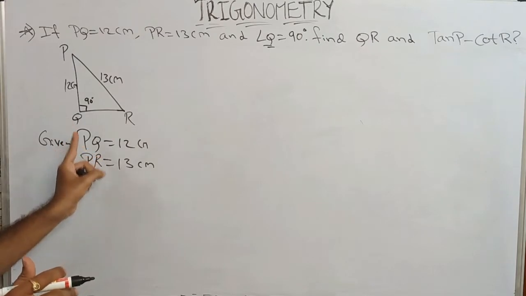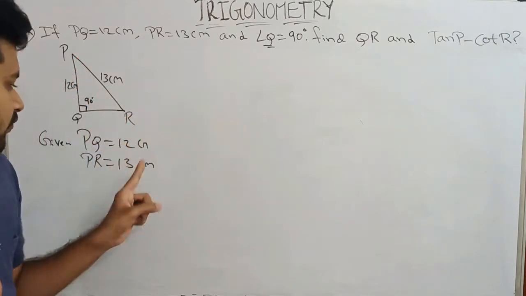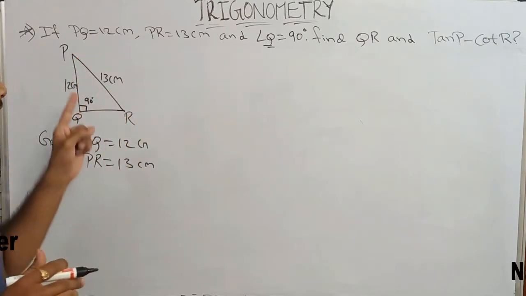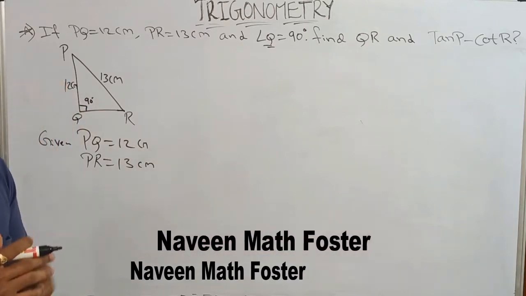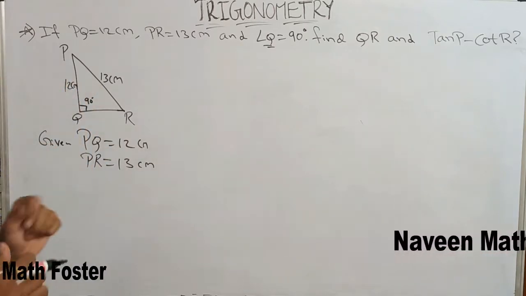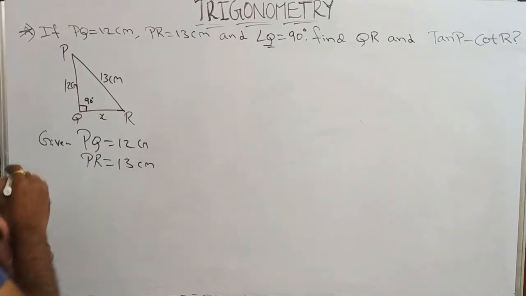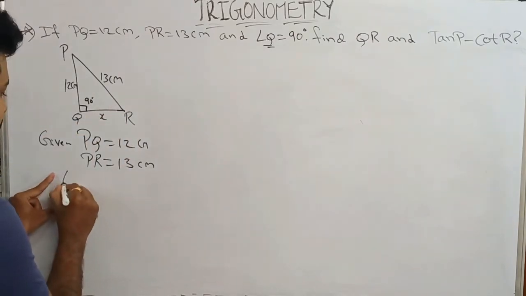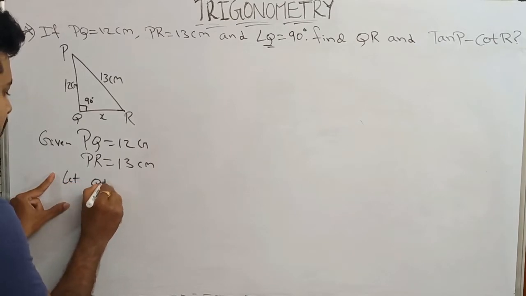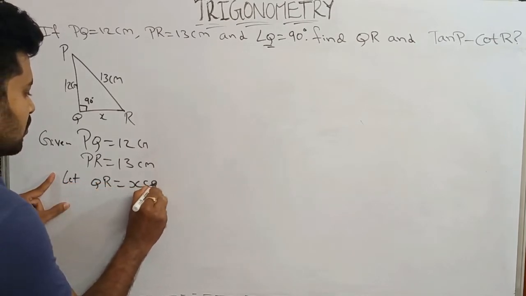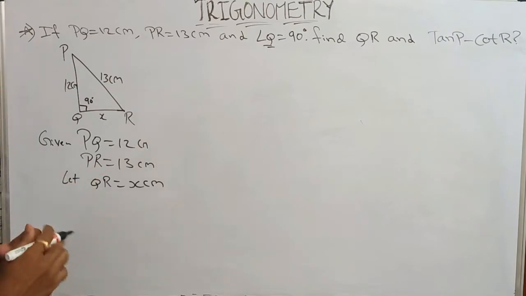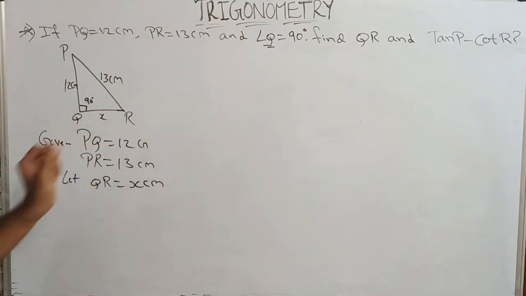So here what we have: one is the hypotenuse and the other is the perpendicular of this PQR triangle. So our target is to find QR. Let QR be equal to X centimeters. To get QR, we know the Pythagoras theorem formula.